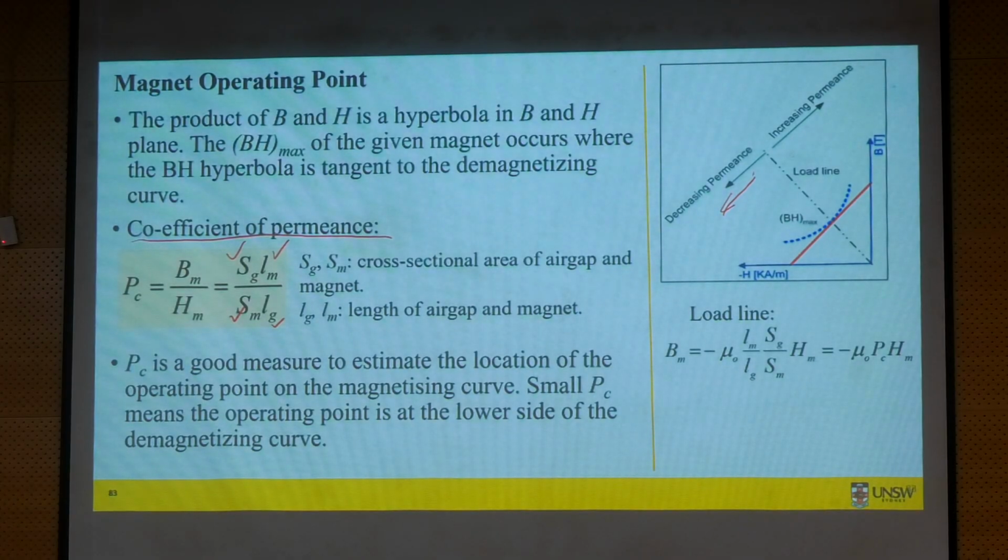This parameter is a measure of the demagnetization risk in your design, analytically. It is also a good measure to estimate the location of the operating point, as we mentioned, because it shows you how the slope of your load line is changing, okay.